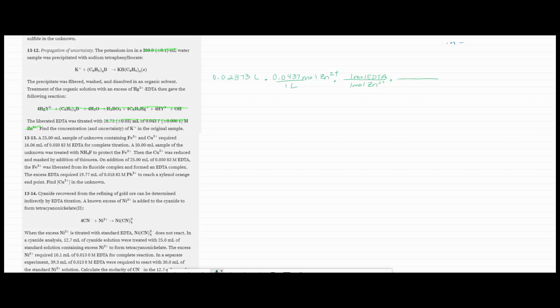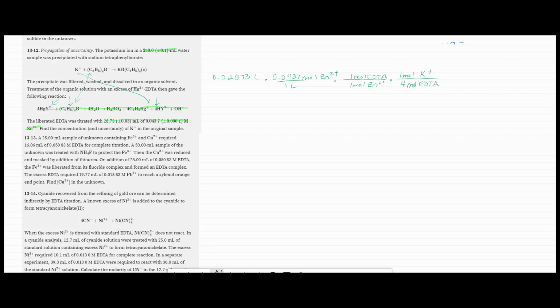We have 4 moles of liberated EDTA and 1 mole of our sodium tetraphenyl borate. And then the stoichiometry here, this is 1 to 1. So if we cross this way, we can say 1 mole of potassium will produce 4 moles EDTA.